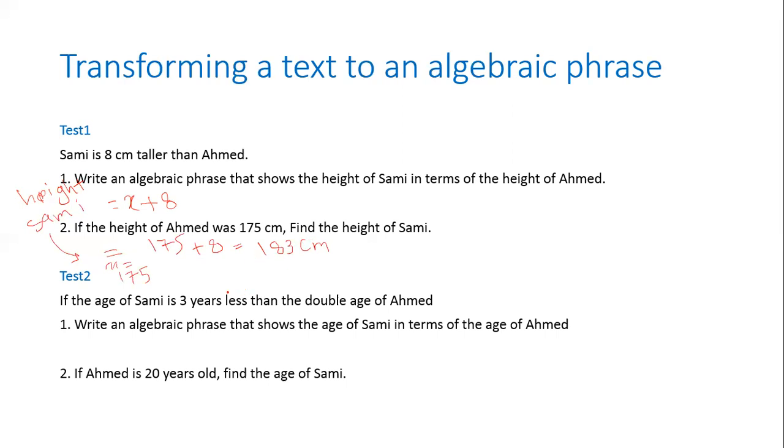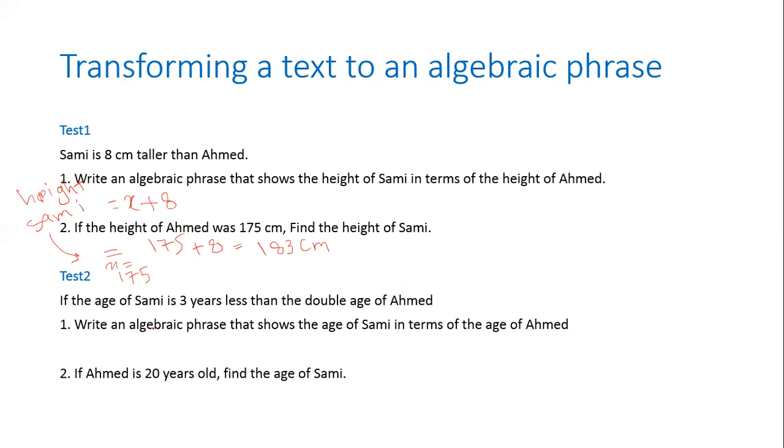Let's take another, a bit more difficult example. If the age of Sami is 3 years less than the double age of Ahmed, write an algebraic phrase that shows the age of Sami in terms of the age of Ahmed. So first thing we think about is we want to represent the age of Sami in terms of the age of Ahmed.